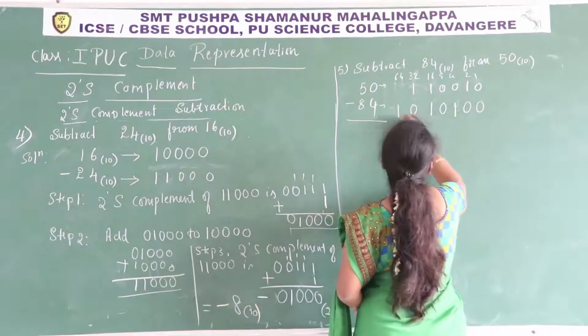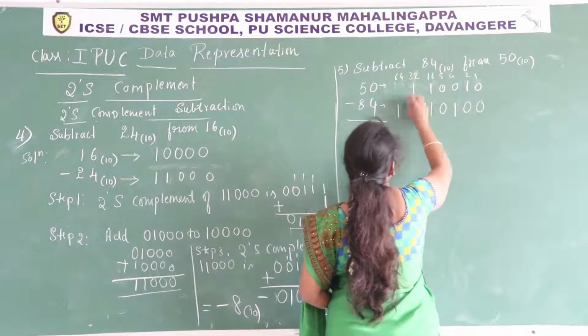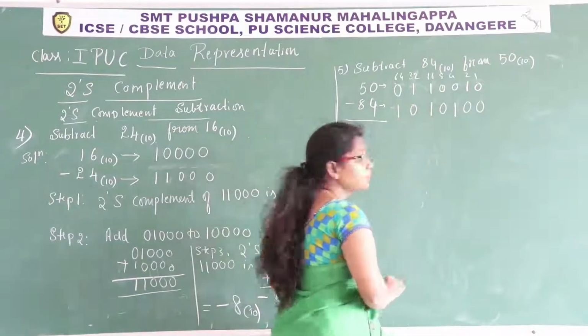Here there are 7 bits, but the other number has 6 bits. We need one more bit, so we must write 0 here.